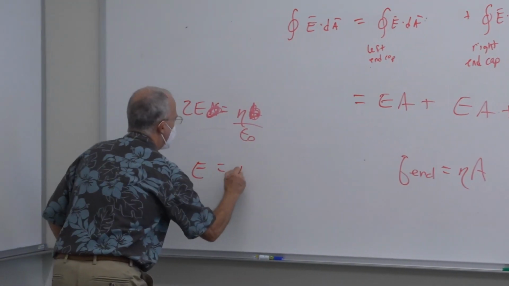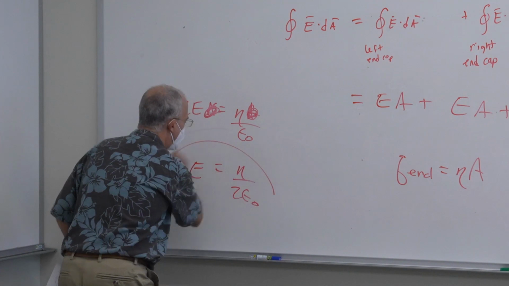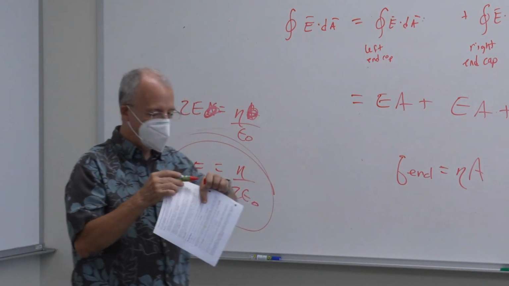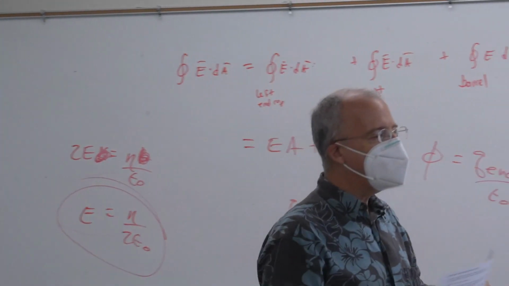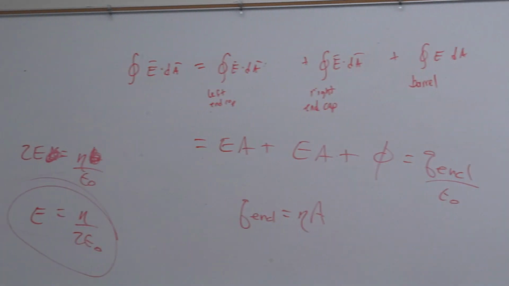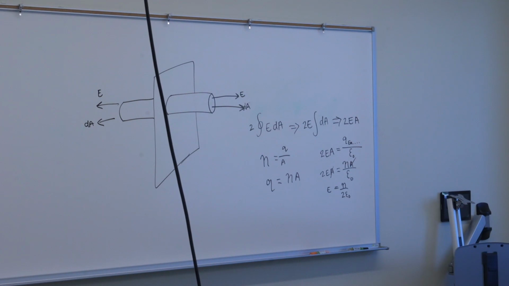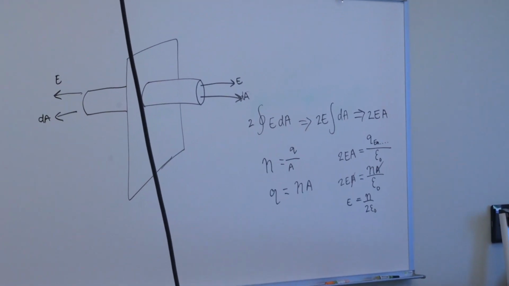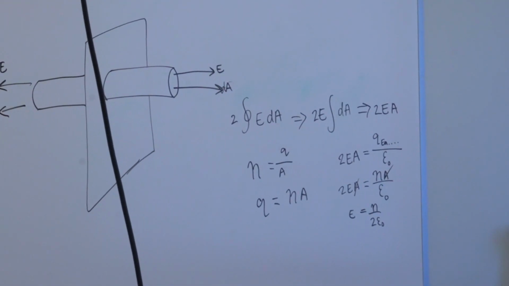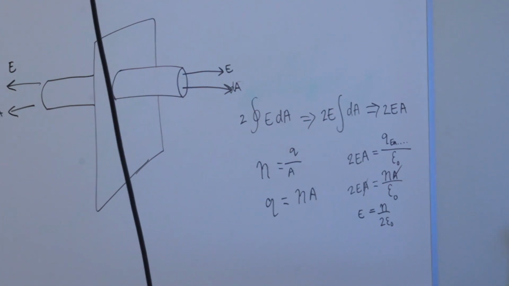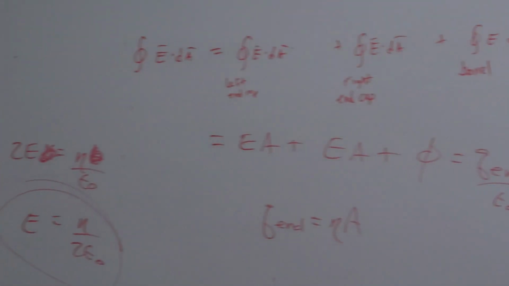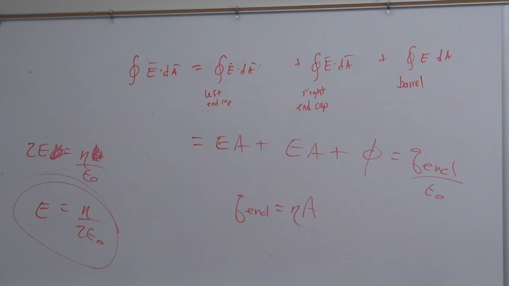So the E field is eta over 2 epsilon 0. All right? So rather than spending an entire class, we spent 5 minutes. Everybody stare at that, because the next few are going to be very similar to this.